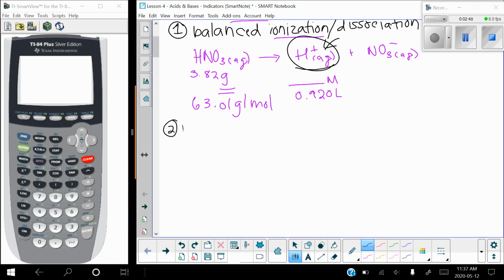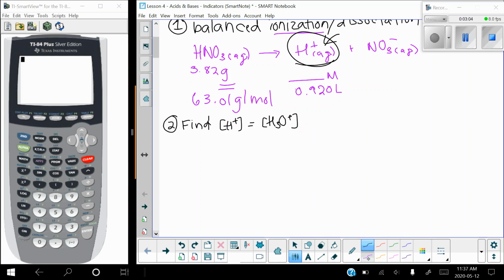Let's go on to step 2. Step 2 is find H plus. If we find H plus, we have hydronium concentration. Okay, so I'm going to go ahead and start with what we know. So this is our known.